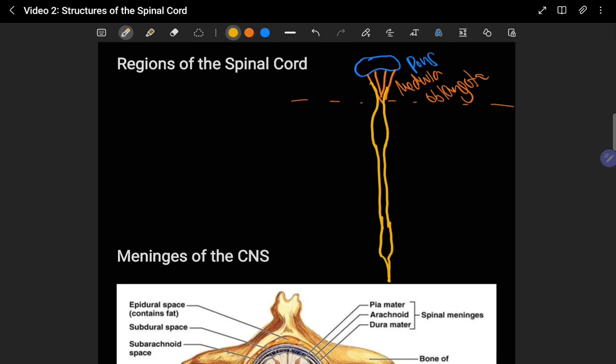So there are two enlargements of the spinal cord. We have a cervical enlargement, and then we're also going to have a lumbar enlargement. Anytime we have an enlargement like this, all that means is we have a plexus of nerves.